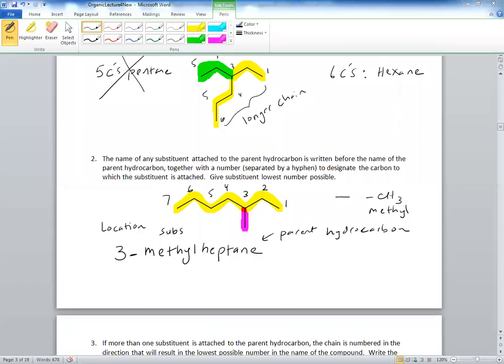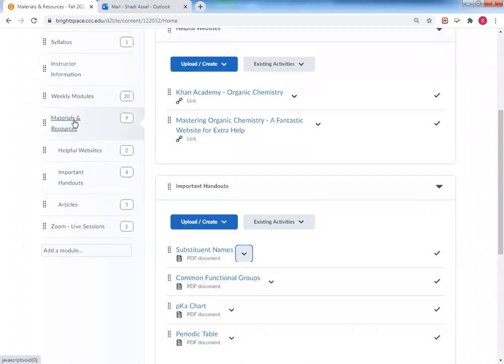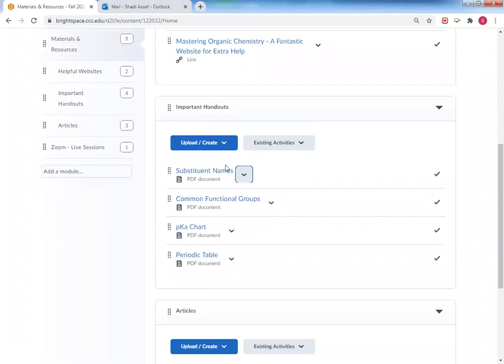Now, if you go to your Brightspace account and go to Materials and Resources right here, go down to Important Handouts, and that would be Substituent Names, and download a copy of this.